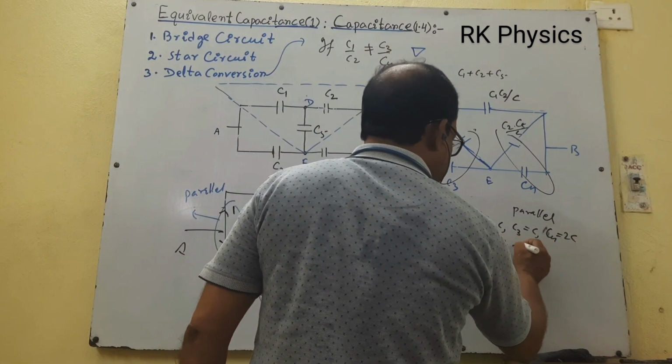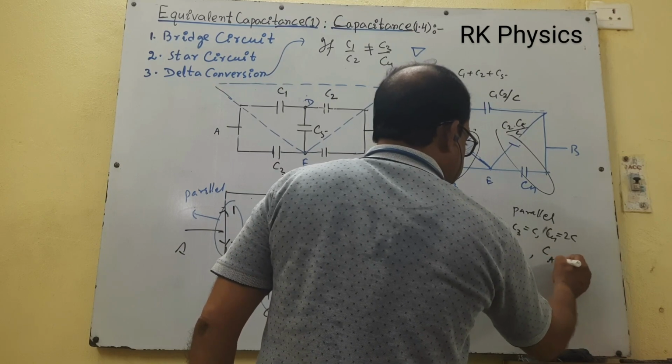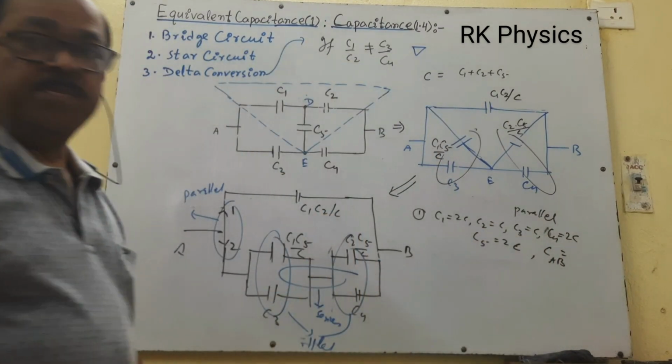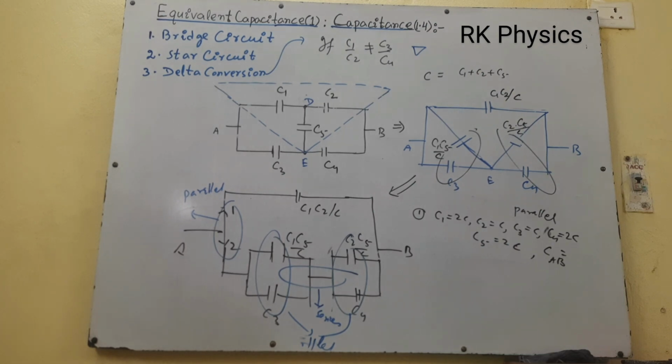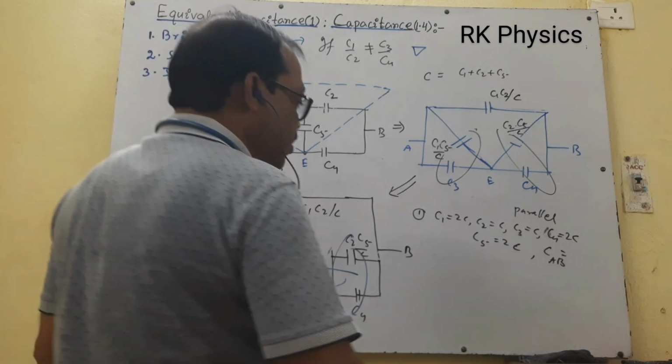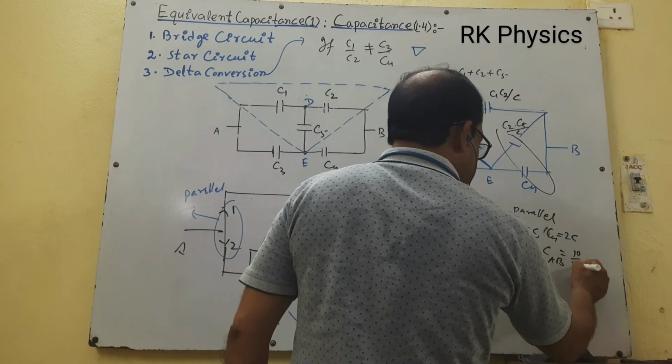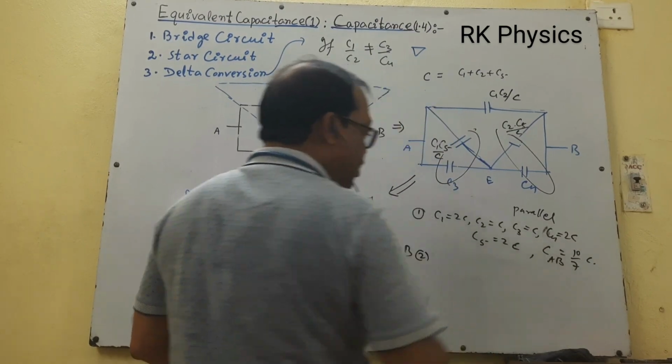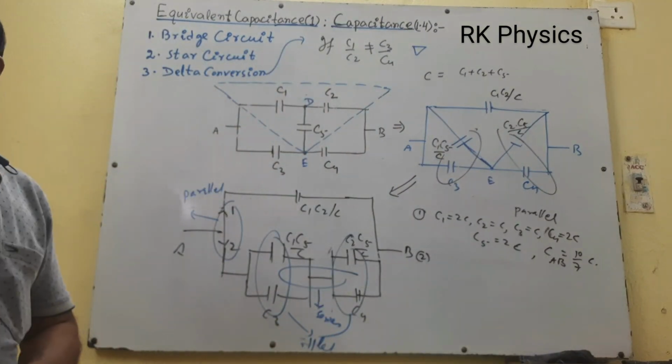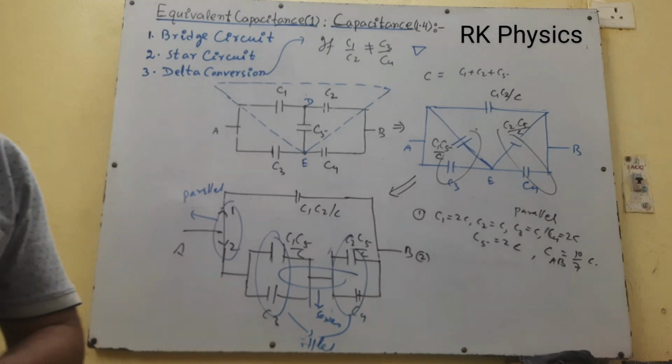In that case, by the same method, you can find CAB equal to 10 by 7 C. This is problem 1. You check whether the formula is wrong or right.